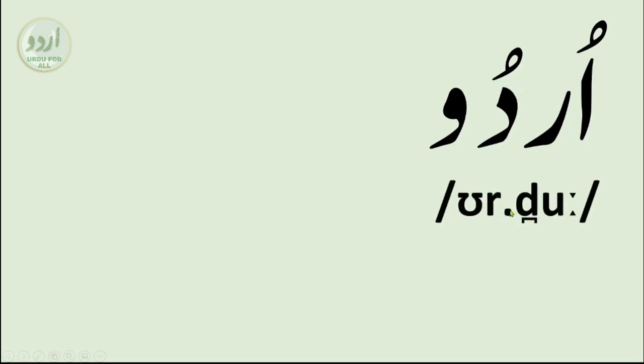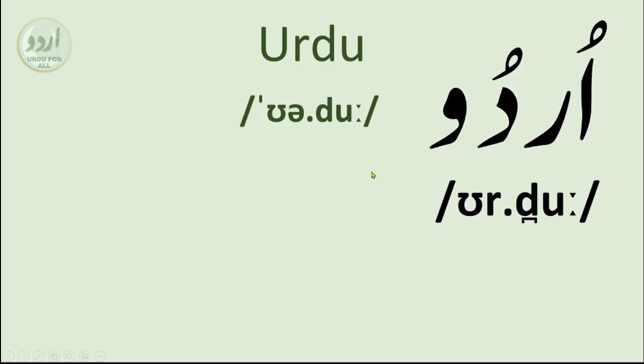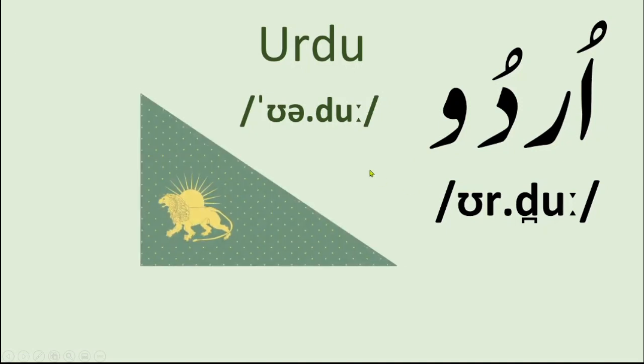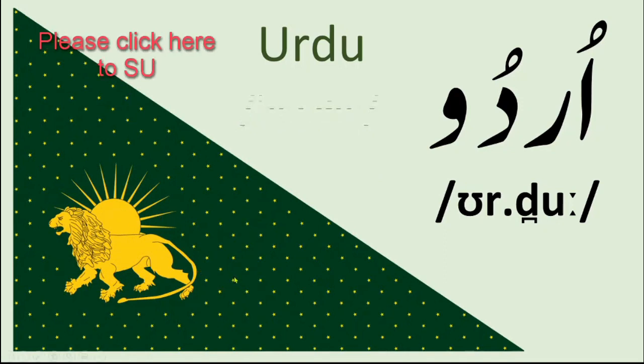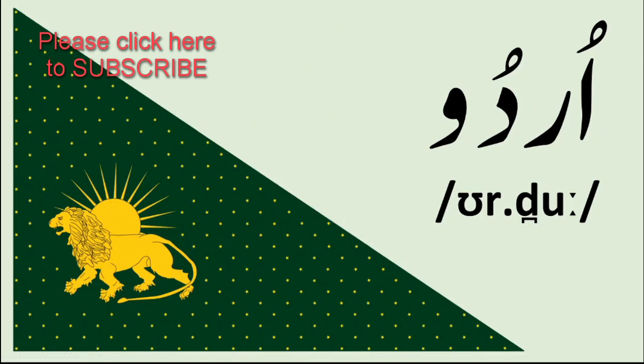Urdu. This is the correct pronunciation of the language we are learning. Urdu, not Urdu. But can you tell me what this image has to do with the language we are learning? I'll be waiting for your response.